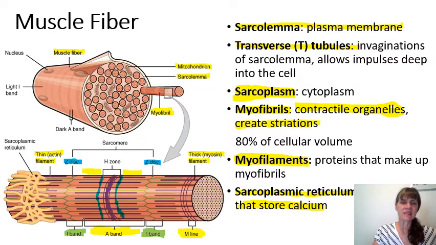In other words, the sarcolemma is going to dive down into the sarcoplasm to carry electric impulses and communicates with the sarcoplasmic reticulum to allow calcium to flow into the sarcoplasm. We're going to take a look at this again and again to help you understand this process.